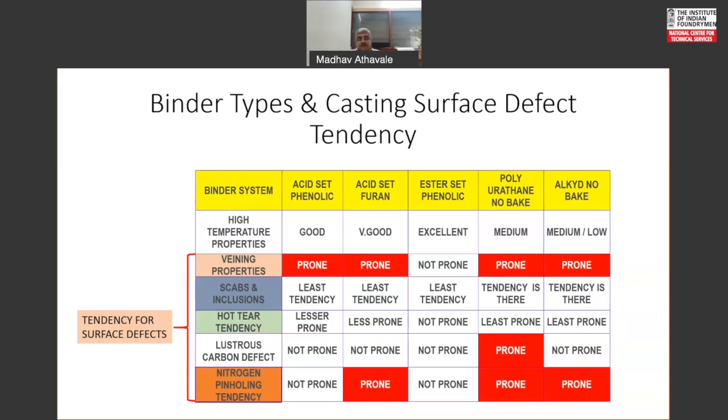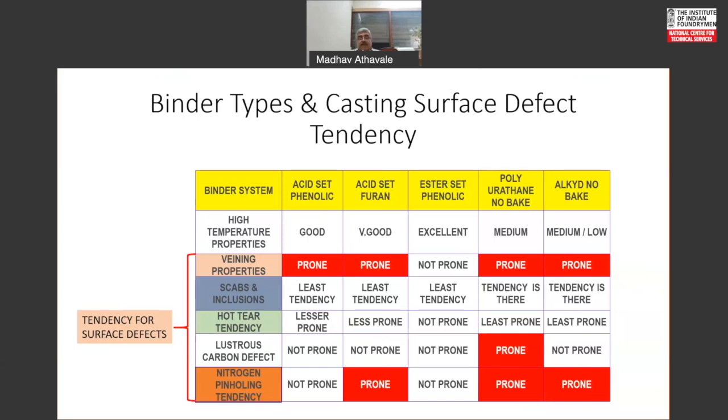Nitrogen pinholing tendency, we had looked at pinholes as one of the problems. Here, acid set furan resins, polyurethane no bakes or alkyd no bakes are prone to nitrogen pinholing because of the chemistry of the binder system. One important omission here really is the sodium silicate CO2 system.